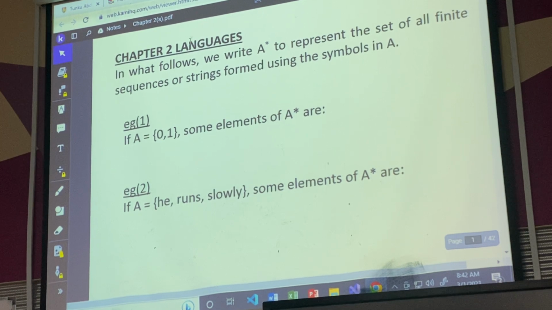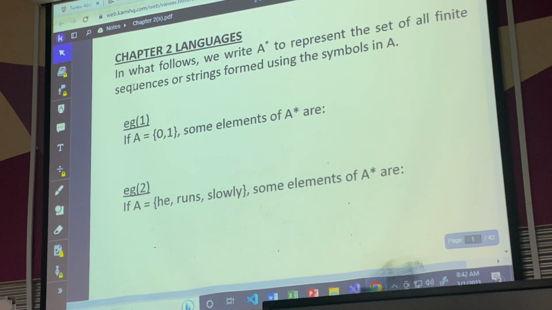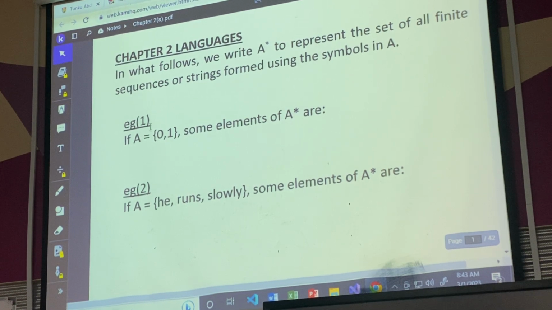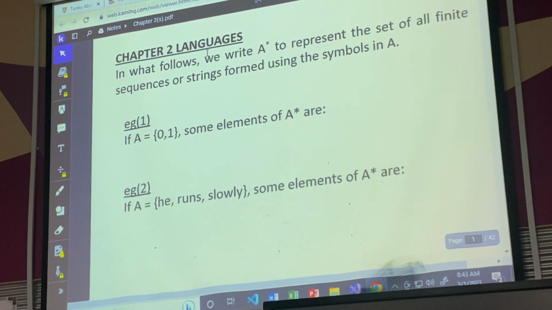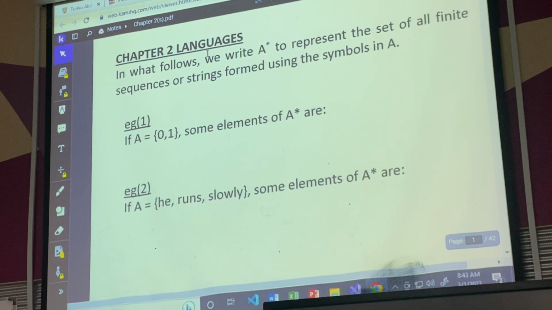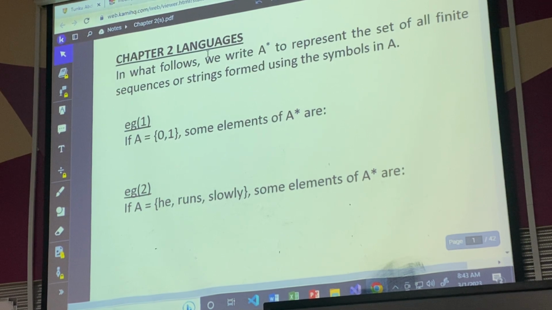That is a string. For sequences, we write all the elements separated with a comma in between. If an element happens a number of times, we write it out that many times. If 0 happens 2 times, you need to write 0, 0. That is a sequence. For a string also, if it happens 2 times, you will write 0 0 1 1, and so on. That is the string.